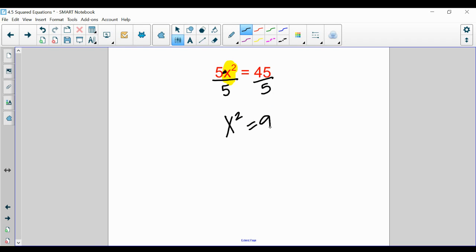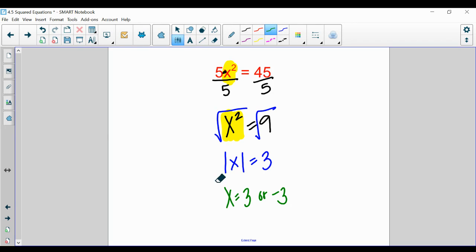Now I'm at x squared equals 9, and I've successfully isolated the weird guy, the squared portion. I've gotten it by itself. I now know that I'm going to square root both sides, which is going to leave me with the absolute value of x equals 3, which tells me that x can either be 3 or negative 3.